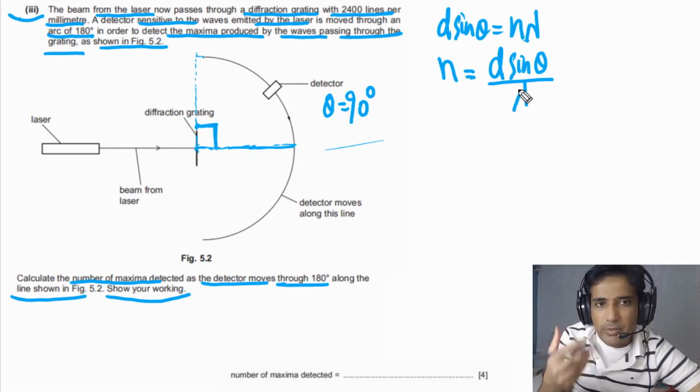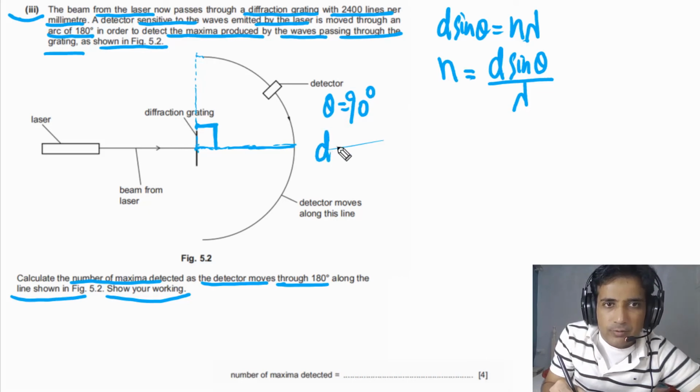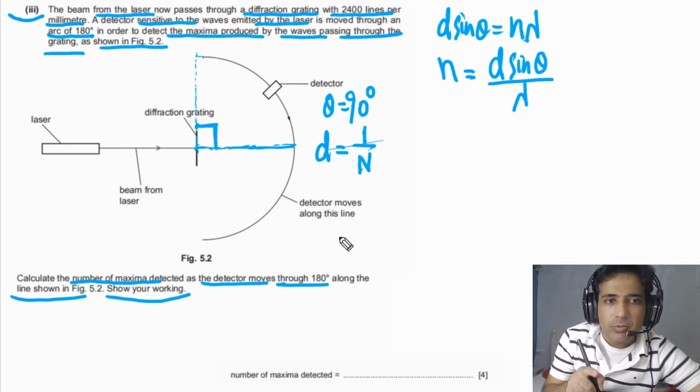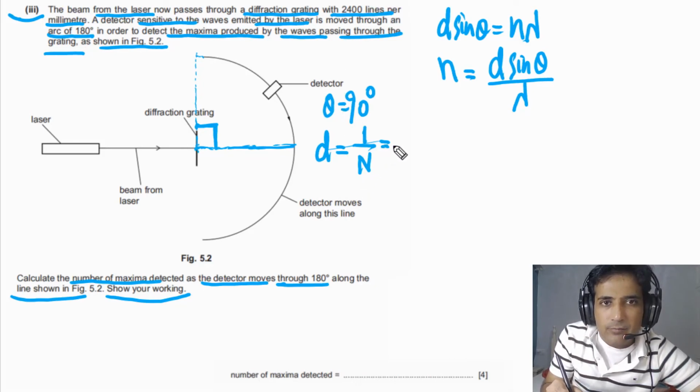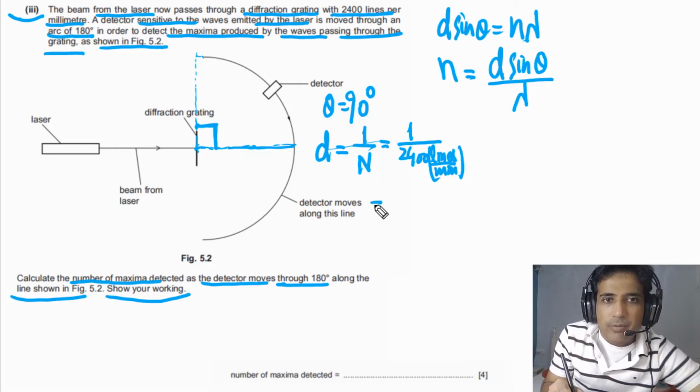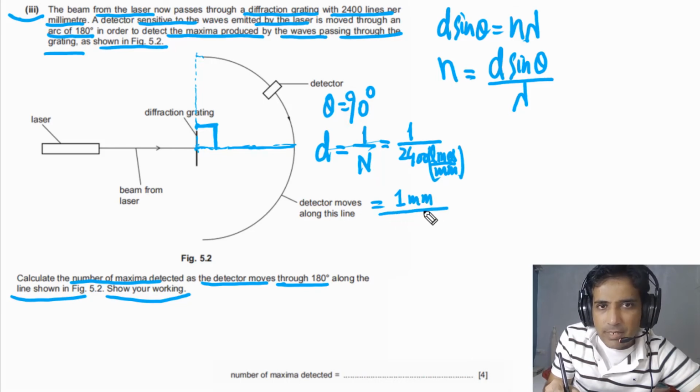Wavelength we have already, it was given to us. Now we need to find d. In order to calculate d, we need to understand that d is equal to 1 over N. For this question, it is given to us that we have 2400 lines per millimeter. So we can write 1 millimeter divided into 2400.